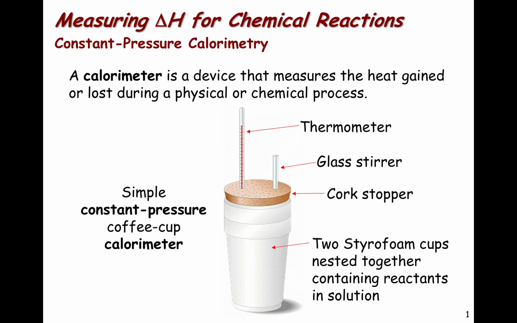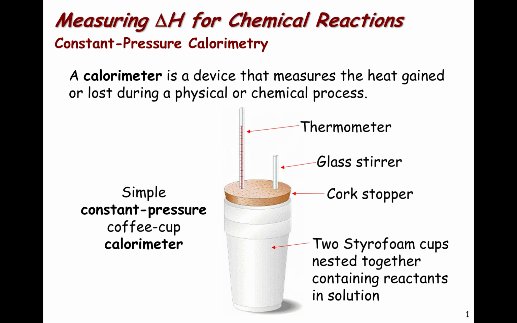So, as an example of a calorimeter that is relatively simple, it is possible to use two styrofoam cups that are nested together. This provides a pretty good insulating material, and that allows for external heat to neither go in or come out of the system that we're studying.